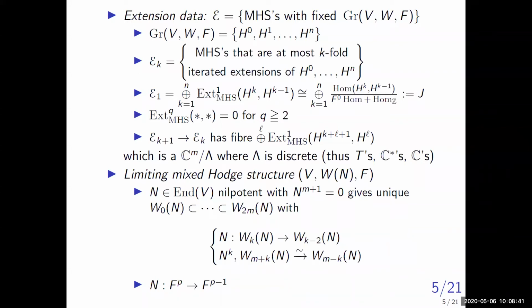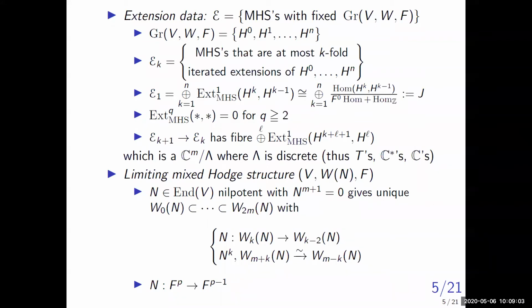So E_1 is just Ext^1s in the category of mixed Hodge structures. It's the direct sum of the Ext^1 of the H^k, H^{k-1}s above. And that is a compact complex torus.